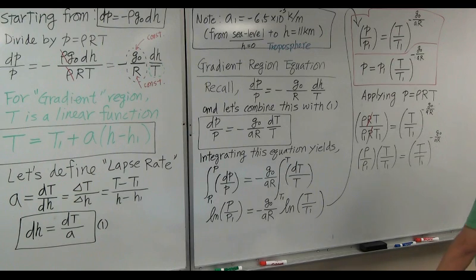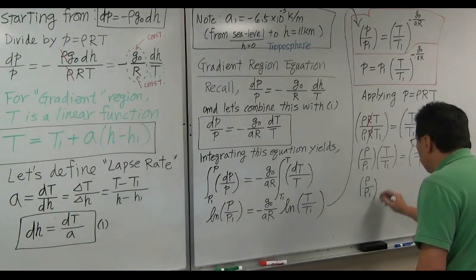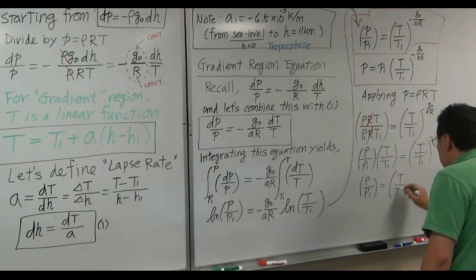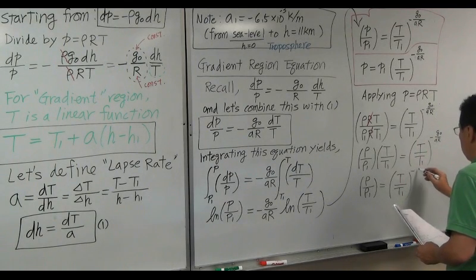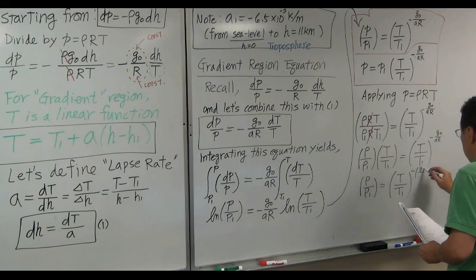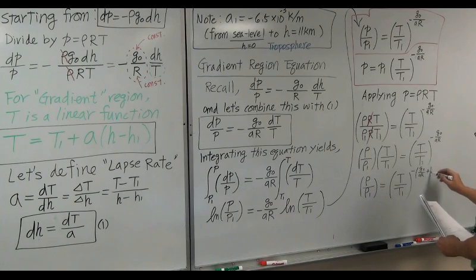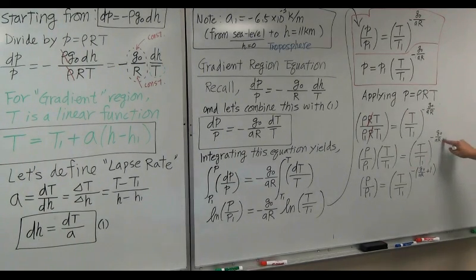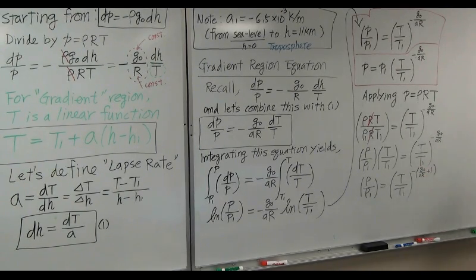minus G0 over aR. Okay? You can bring this to the right-hand side to get the density ratio rho over rho 1 is equal to T over T1 to the power of minus G0 over aR plus 1, okay? So this will multiply by the minus 1 here, so minus goes outside of the bracket.